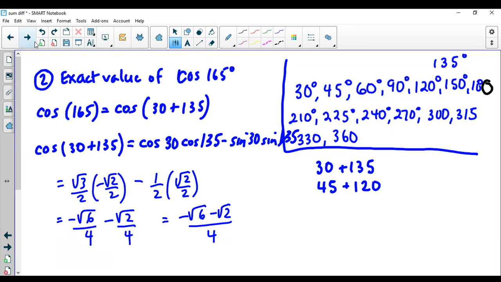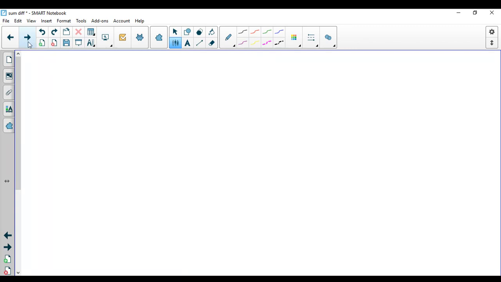Okay, so I'm going to keep going. Now I will do the difference. So the difference formulas, I'll put them here. Again, we have sine and cosine, very similar.